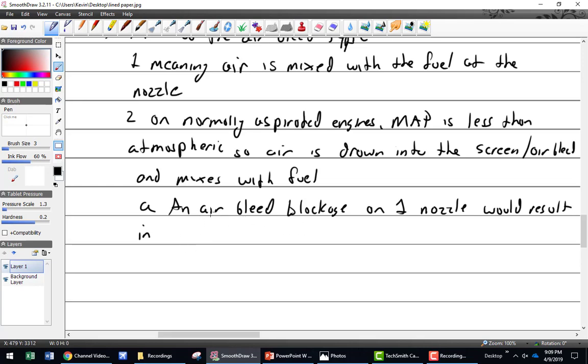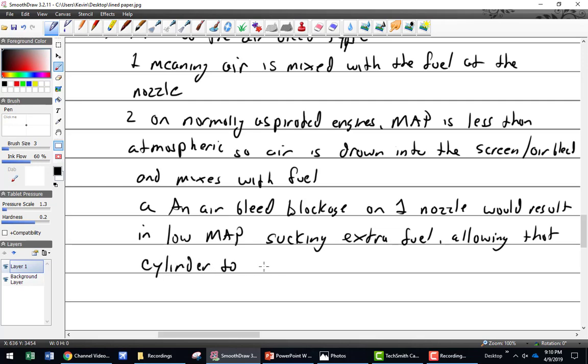So an air bleed blockage on one nozzle would result in low manifold pressure sucking extra fuel, allowing that cylinder to run rich, and all others to run lean.